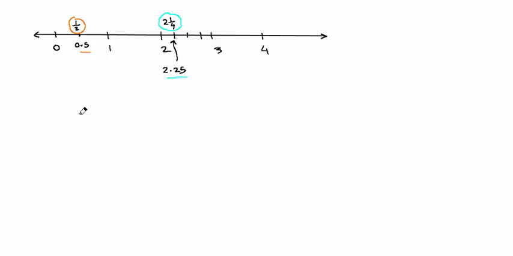When you have a decimal number that has a left hand side, the part before the decimal point, and a right hand side, the part after the decimal point, the part to the left of the decimal point is the whole number or integer part.